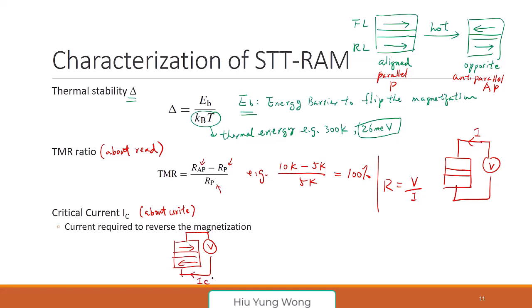Let's say IC, then it becomes something like this after a certain time. So you change from anti-parallel to parallel. You change from 0 to 1. Okay, that's how it works. Any questions?